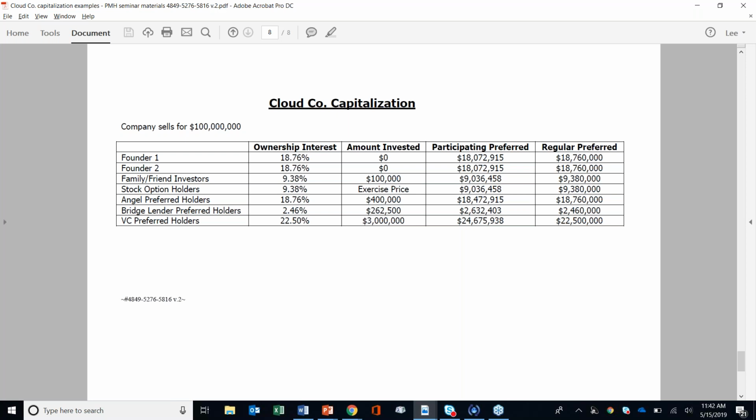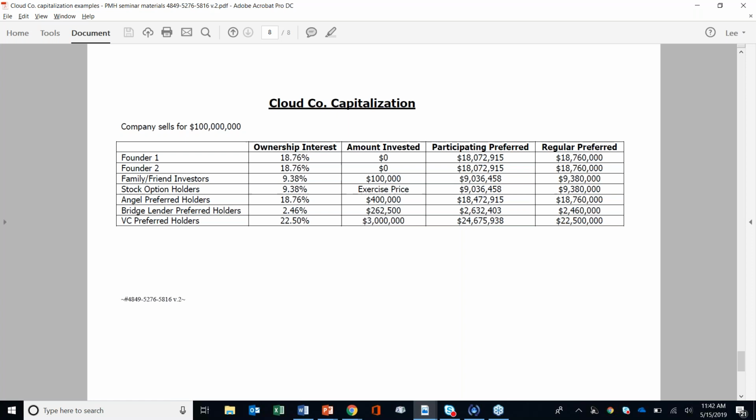But this just shows a company that, in my view, was relatively successful, that raised a limited amount of money, relative to the final sales price, at very attractive low valuations. And as a result, it's a very happy scenario for everyone, with everybody receiving a lot of money.